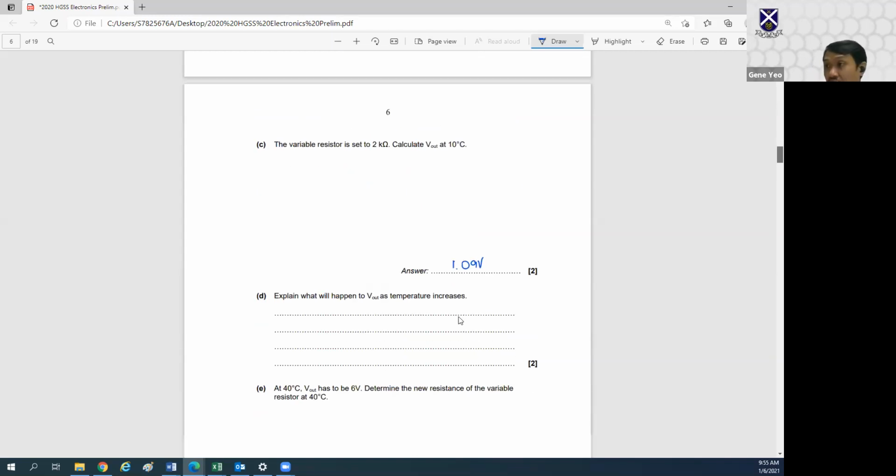All right. So you have to kind of explain it logically and chronologically. So you got to write: as temperature increases, the resistance of the thermistor decreases.